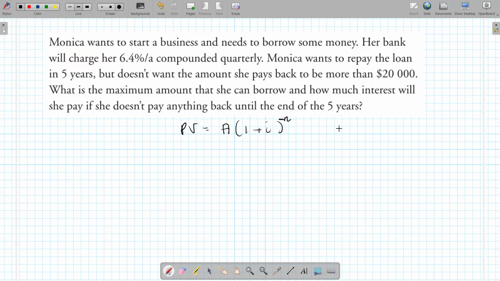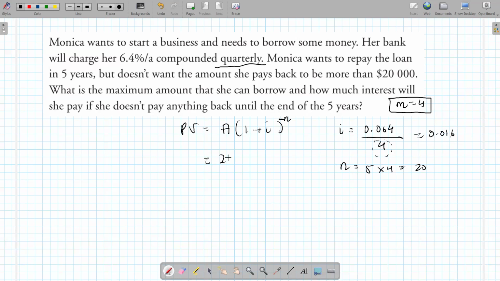What do we know? i is 0.064. It's compounded quarterly. What do we divide this by? 4. That's the number of compounding periods per year, denoted by m. N would be 5 times 4, so that's 20, and i is 0.016.